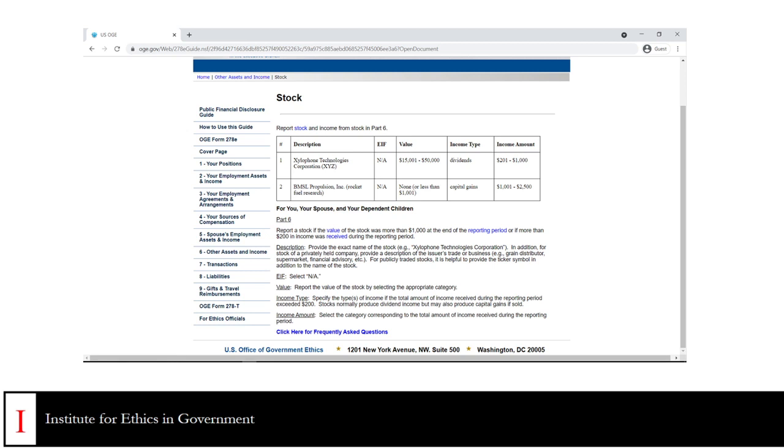Stocks are not funds, so they're not accepted investment funds. We need the value of the company. We need the type of any income, and we need to report the amount of any income. So in this case, we saw that Duke Energy had a value of up to $15,000. The type of income was dividends, and the income amount was $200 to $1,000. So we have a properly reported stock.